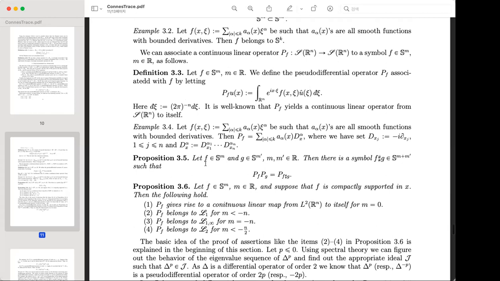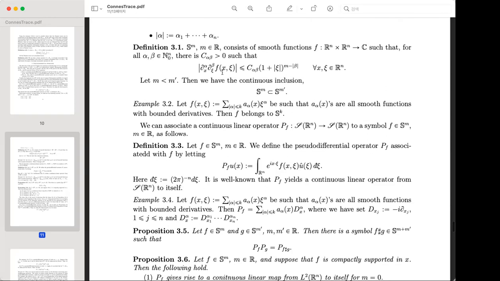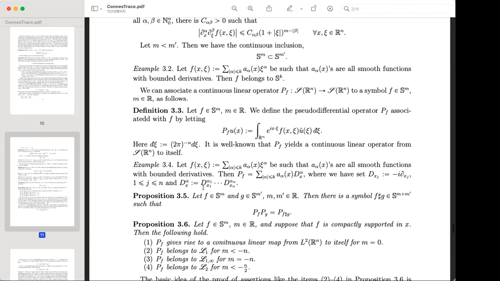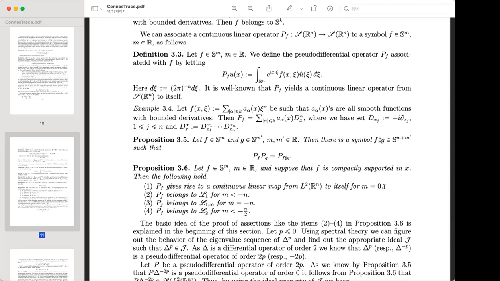It involves the integral of f and g, but in general, f and g might not be integrable depending on their degree. So the general definition of this product symbol involves a technique called oscillatory integral, but I think we don't need to go into the detail of that for today.